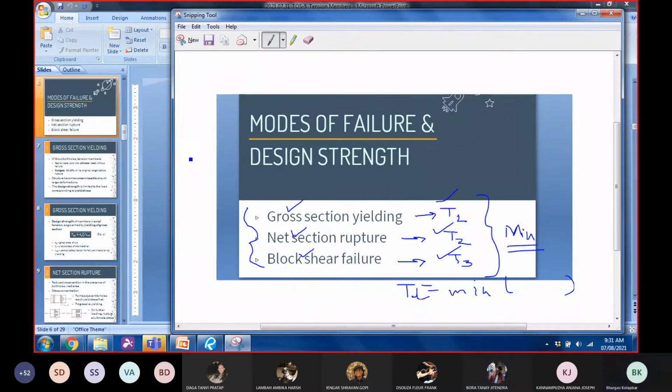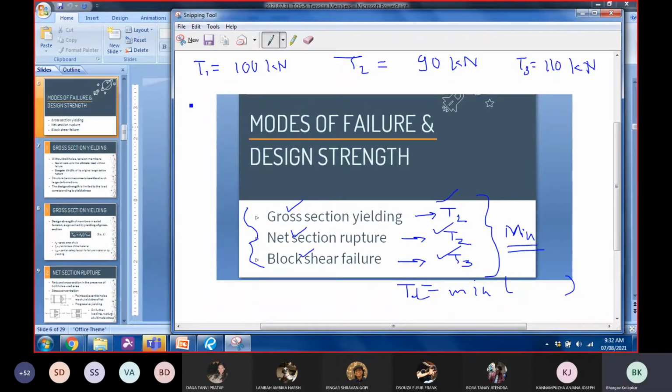There are three ways in which this can fail. Let us say that T1 is equal to 100 kilonewton, T2 is equal to say 90 kilonewton, and T3 is equal to 110 kilonewton for a particular member.